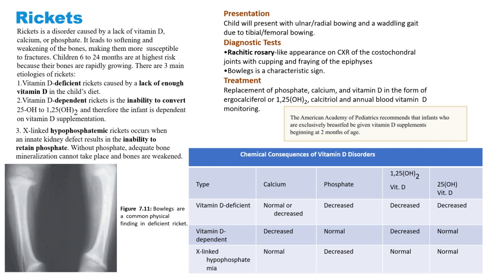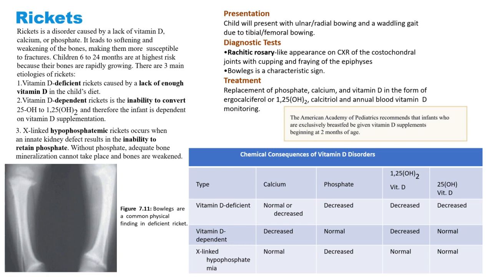On the right side of the slide, patients with rickets present with ulnar or radial bowing and a waddling gait due to tibiofemoral bowing. The diagnostic test, this is a rachitic rosary. On the chest X-ray appears a rachitic rosary on the costochondral joints with cupping and fraying of the epiphysis.